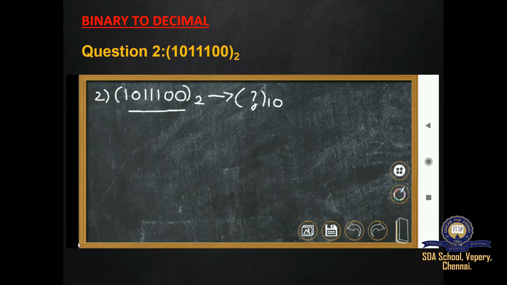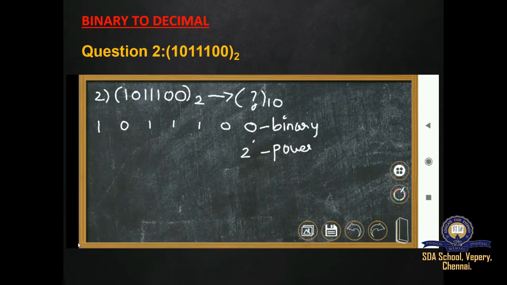First step, we have to write from right hand side to left hand side: 0, 0, 0, 1, 1, 1, 0, 1. The second step is we have to add power to the binary number.